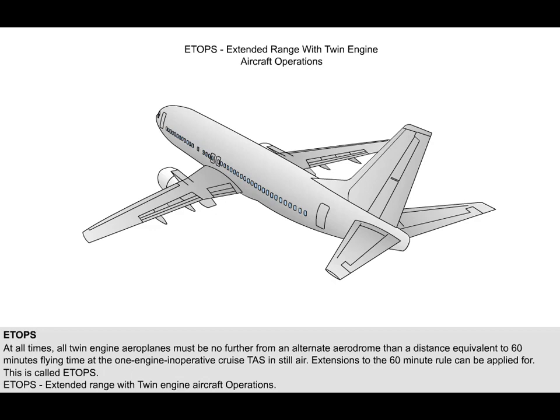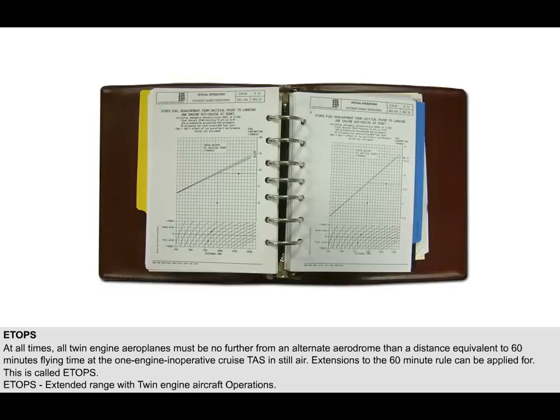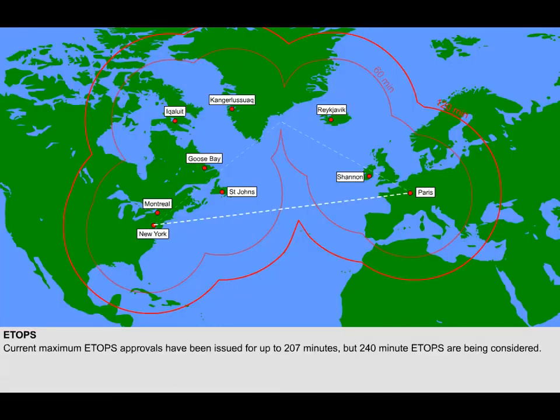However, ETOPS must be applied for by the airlines concerned, and approval gained from the appropriate aviation authority. To gain ETOPS approval, a greater range of performance parameters must be known, and these accompany the application, and are eventually published in the operating manual.